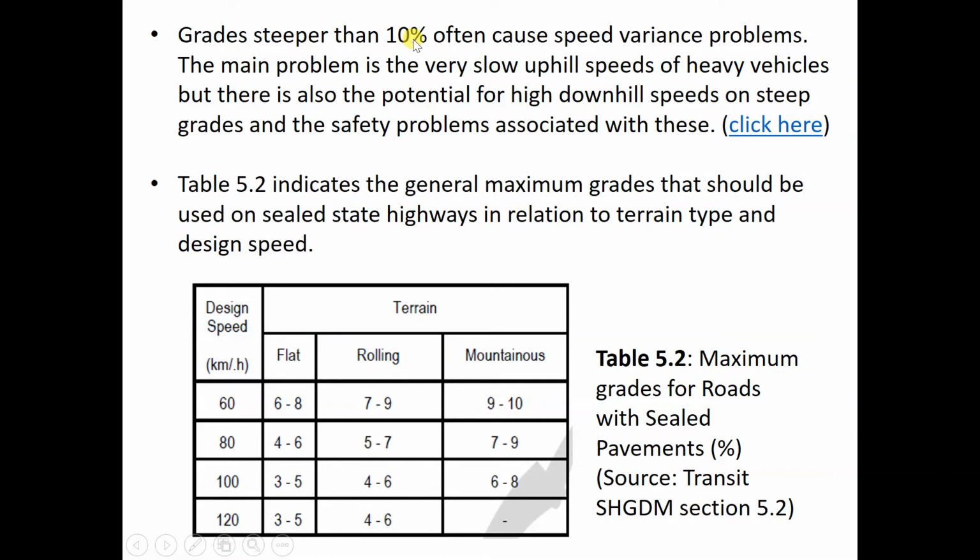Grades steeper than 10% often cause speed variance problems. That means that if, let's say, it's an open speed limit of 100k, some vehicles can still maintain 100k, but other vehicles, the trucks, may become crawling, down to like 20k, 30k, up the hill.